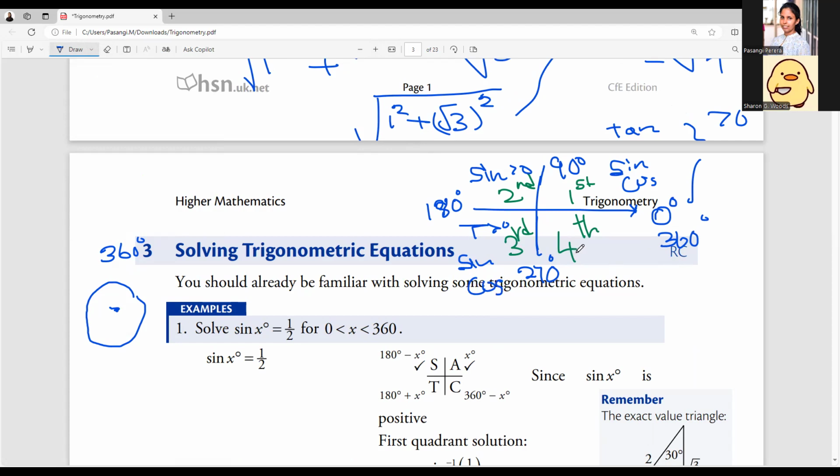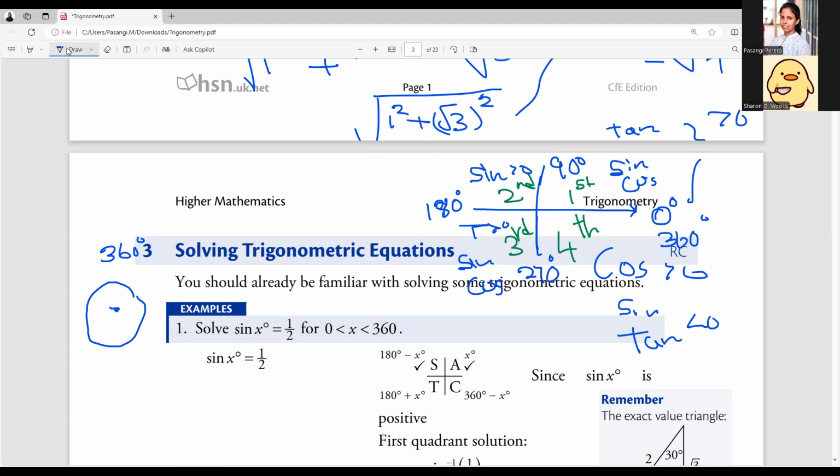For the fourth one, only cos ratio will be positive. If the angle is in this quadrant, the cos value will be positive, but the other two, the sine and the tan, are negative.